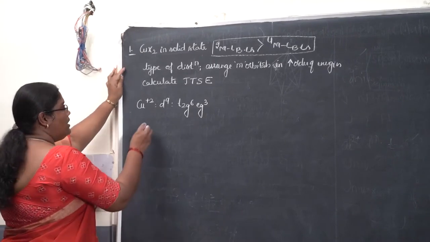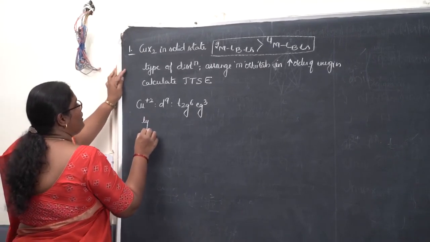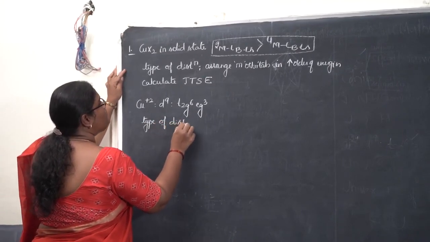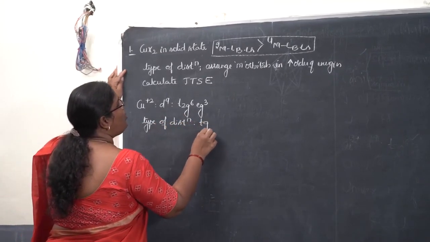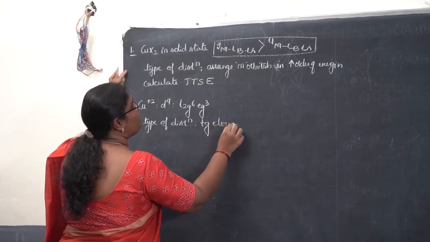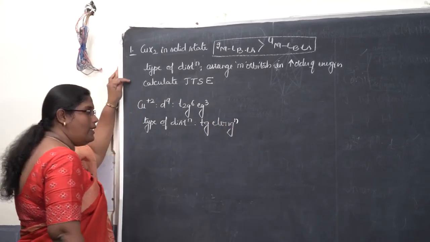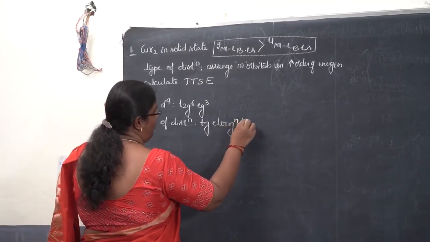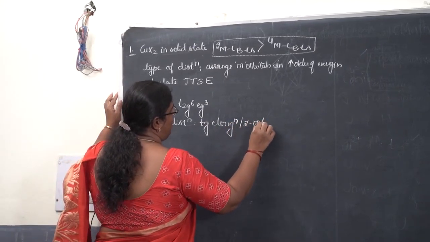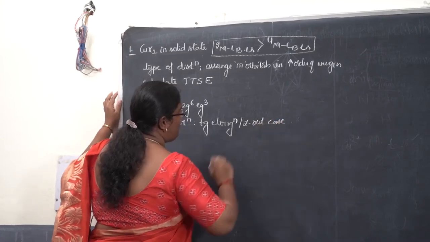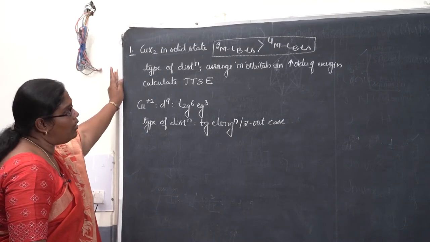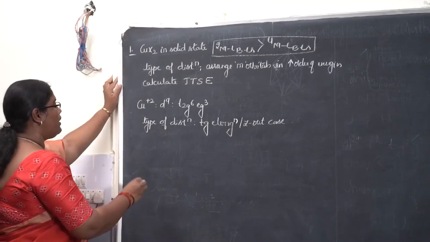Means the type of distortion, it is tetragonal elongation. 2 metal ligand bond lengths are longer than the remaining 4. Tetragonal elongation or Z out case. Then you have to arrange the metal orbitals in the increasing order of energy.